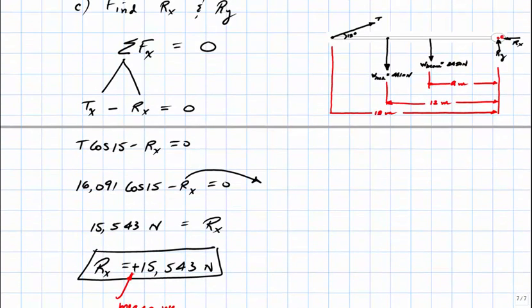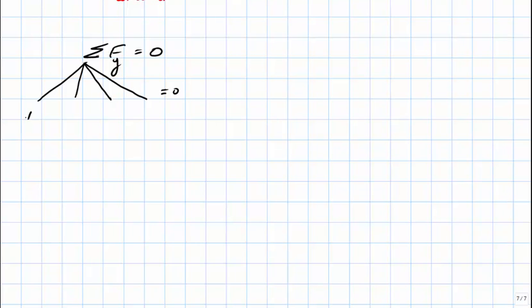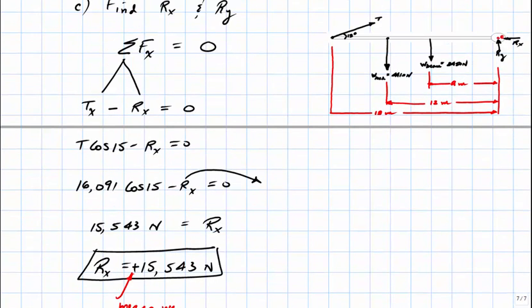Once again, we have to consider the y component of the tension, which is labeled as T sub y. We have to include the weight of the load. Now again, notice that the weight of the load is directed purely along the y-axis in the negative direction, so it's going to be incorporated as a negative value.